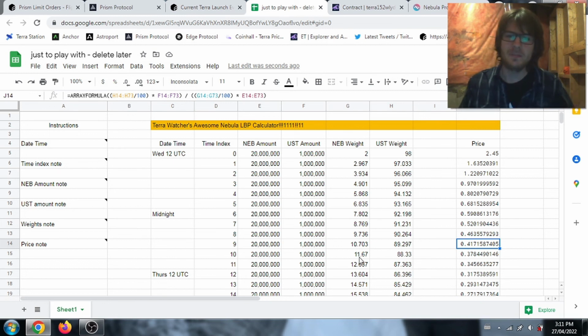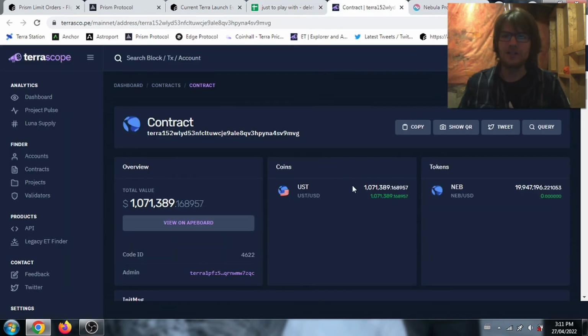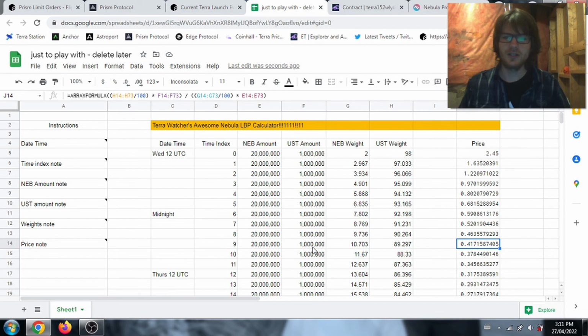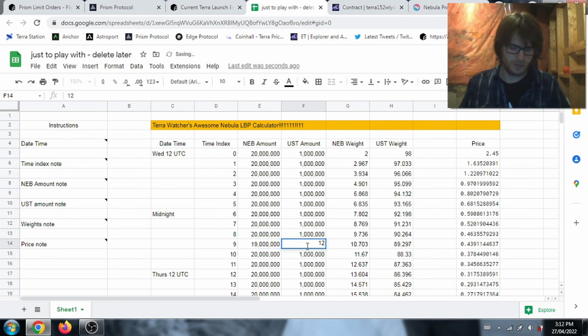But remember, the composition is going to be changing. So it's already changed a little bit. So let's say you think maybe at this time, you can calculate the time yourself. Maybe you think there's going to only be 19 million Neb in there, and maybe 1.2 million UST.